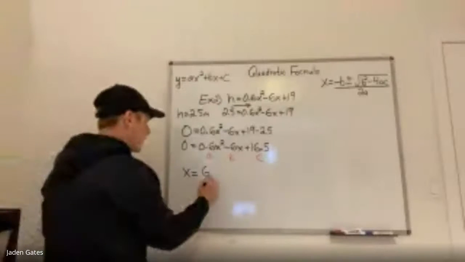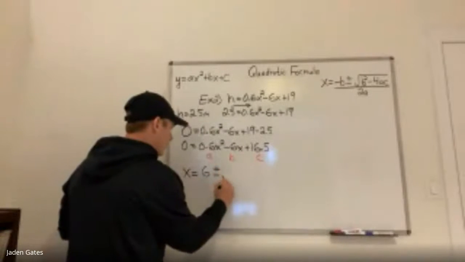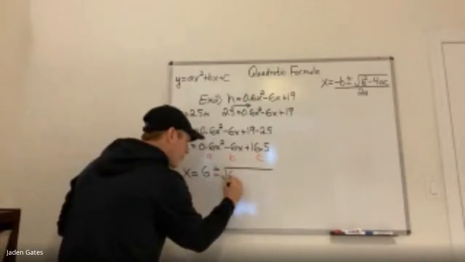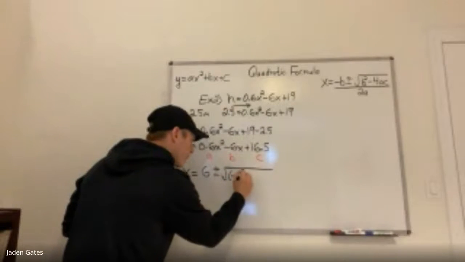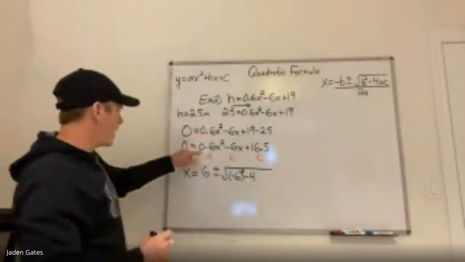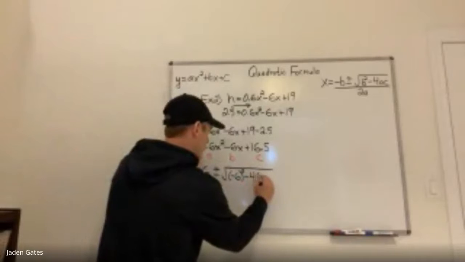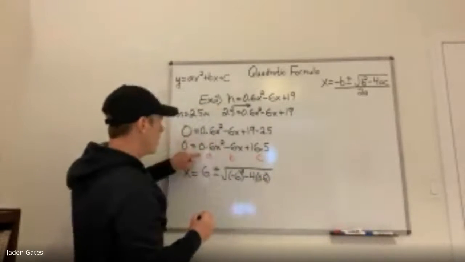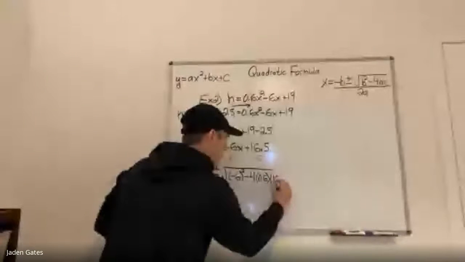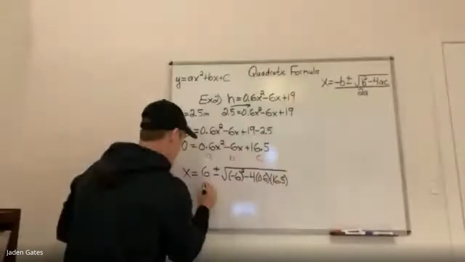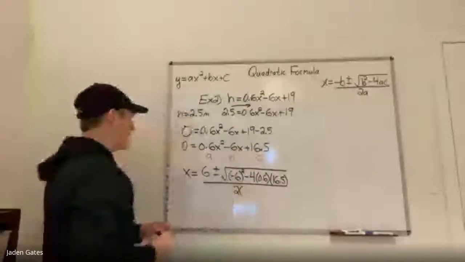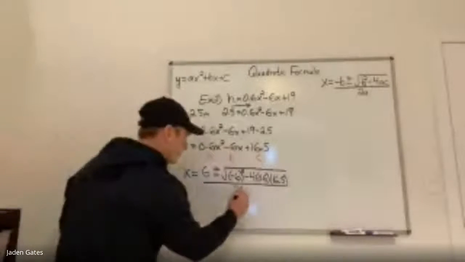All right, then we have plus or minus the square root of b squared. Now b is -6, so I'm going to have -6 squared minus 4 times a. A is our decimal here of 0.6 times c, which is our 16.5. All right, and of course divided by our 2a. So 2 times, what's a again? 0.6.